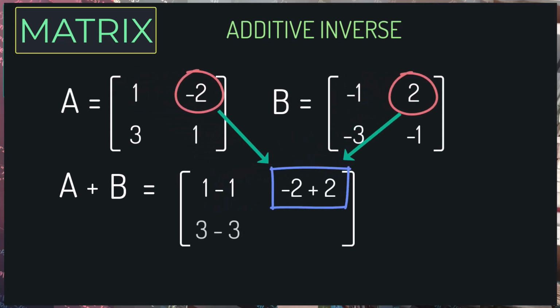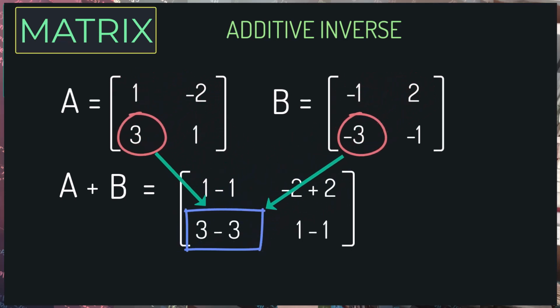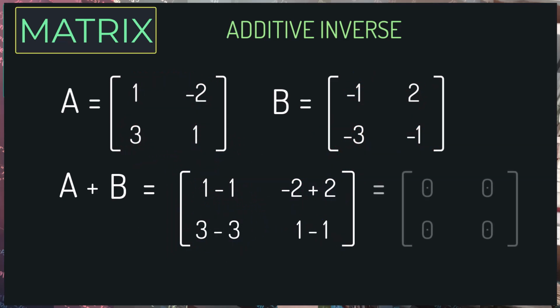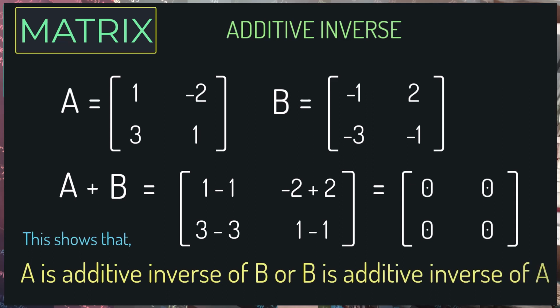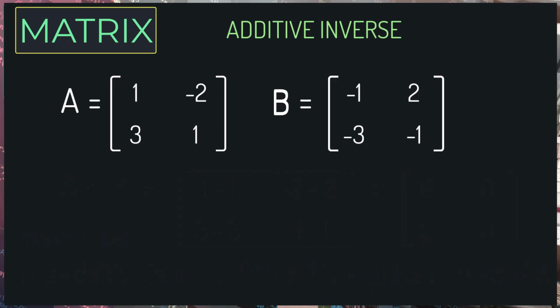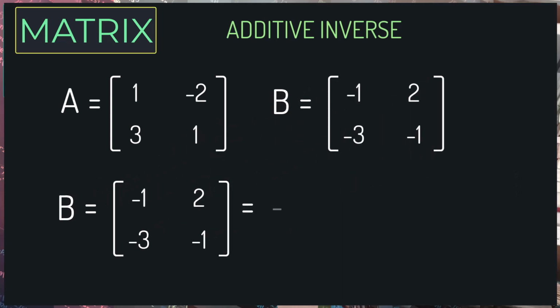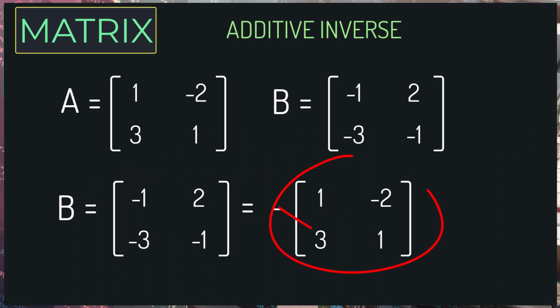Obviously, if we add these two, we get the null matrix. Thus, A and B are additive inverses of each other. In fact, we can observe that the matrix B is the negative of the matrix A and vice versa.